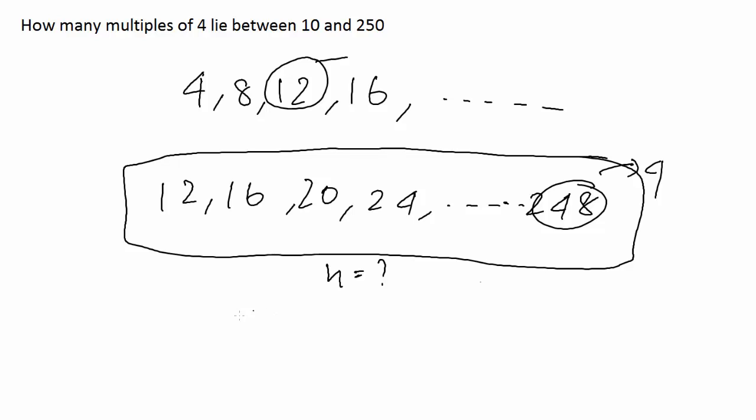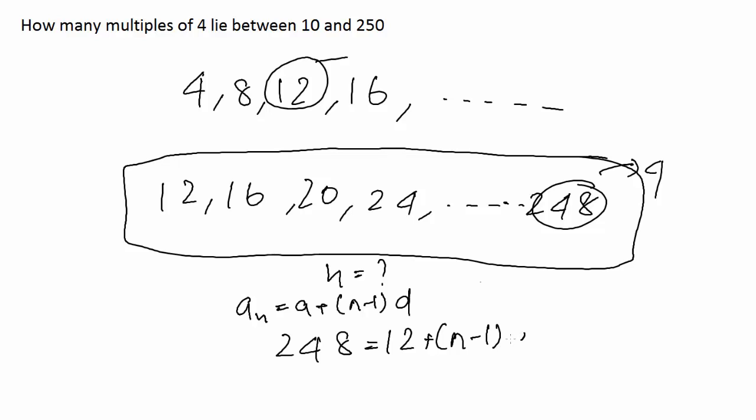Now we need to find the value of n. So how are we going to do that? We're going to put it in the equation an is equal to a plus n minus 1 into d. What's your an? Let's take this as 248. 248 is equal to a. What's a? A is 12. 12 plus n minus 1 into d. Now n minus 1 into d is equal to 236.